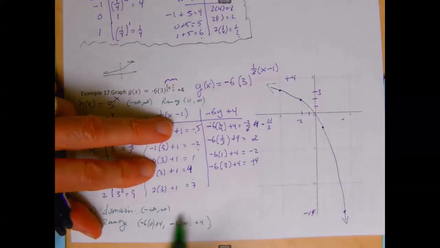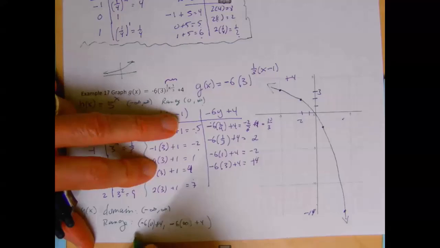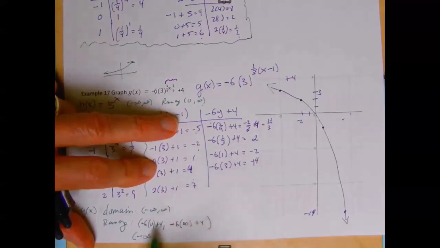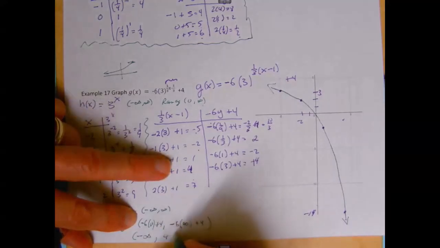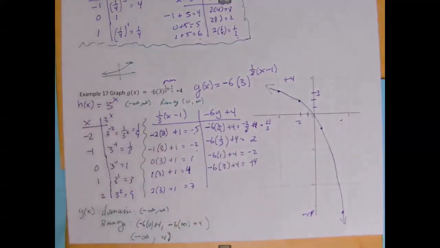But negating all the output that was here before does do something. So the range really has gone to the following. It's gone from negative infinity to, and now this is an actual point that I can do mathematics with, negative 6 times 0 is, of course, 0, but I add 4, and I get the following. So the range has moved to that position.